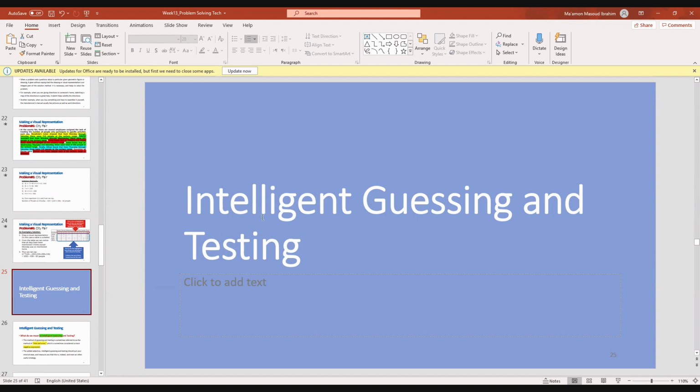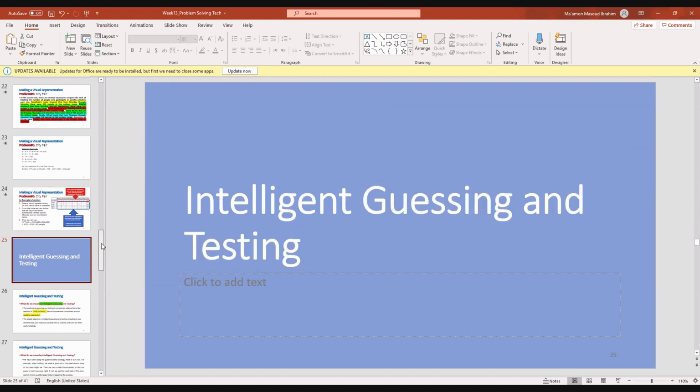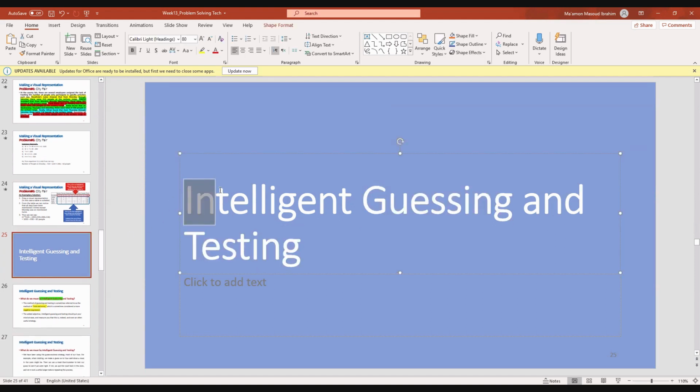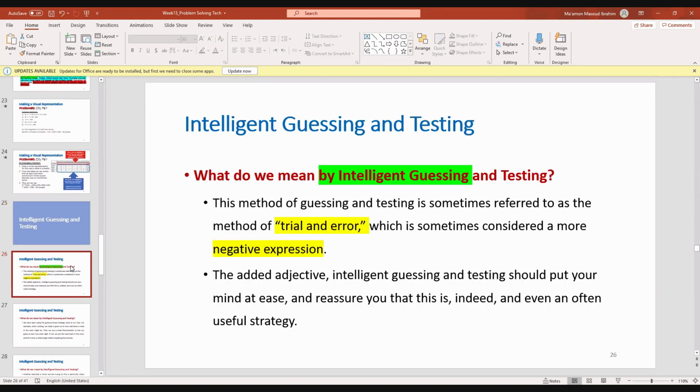So what we mean by intelligent is smart guessing and testing. Guessing in Arabic is التخمين, and testing is الفحص. And we said intelligent, okay, smart. Now, what do we mean by intelligent?